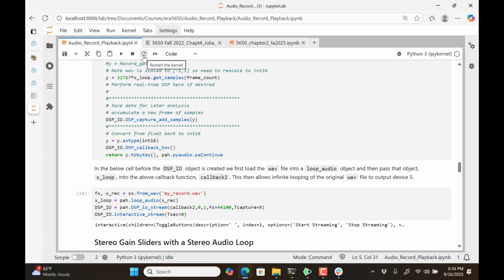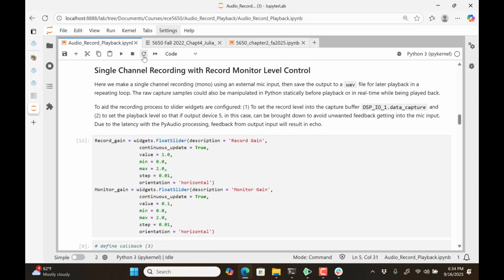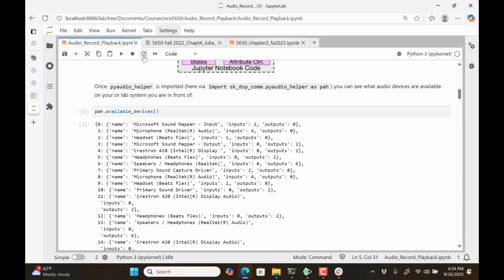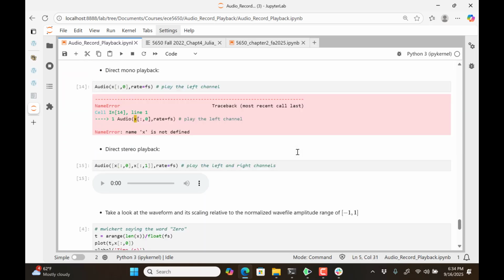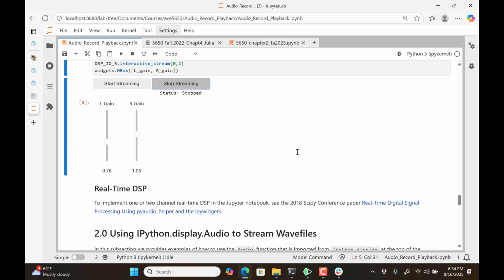I'm willing to bet, though, that if I wanted to have it play through this system, all I'd have to do at the top is change the output. It has 2 outputs, Crestron. I would have to put in 4. Are you tempted to try it? I'm sort of tempted to try it just because it'll take a moment, but I'll put in 4 rather than 6, which is what I've got in here right now.